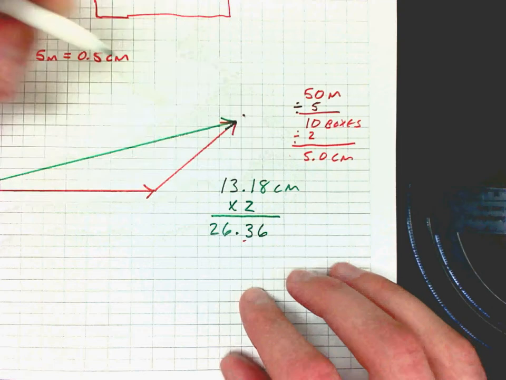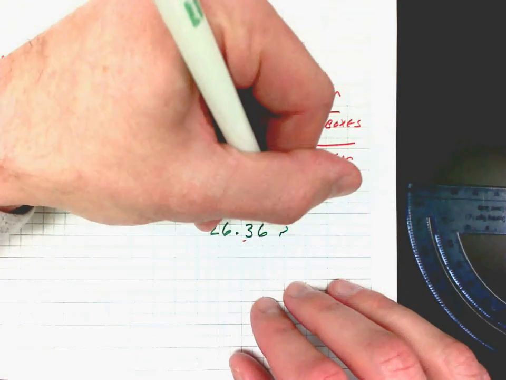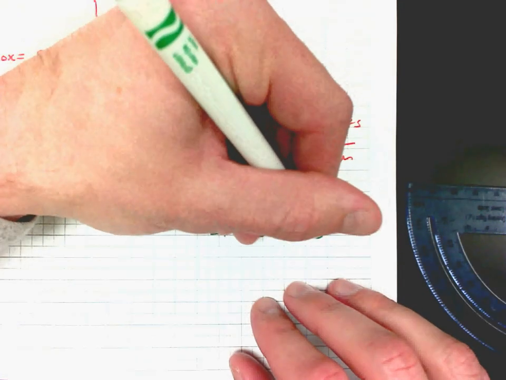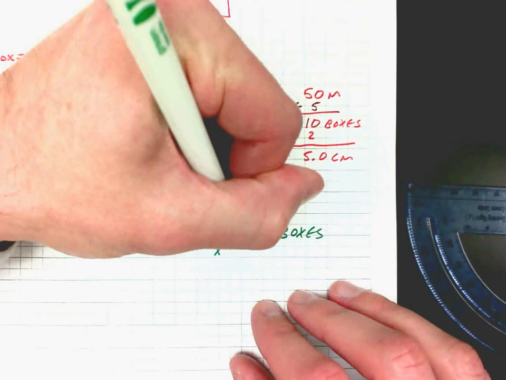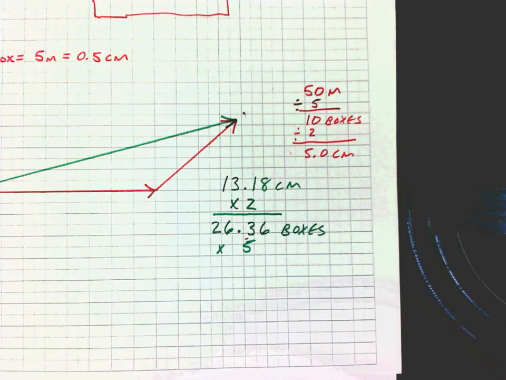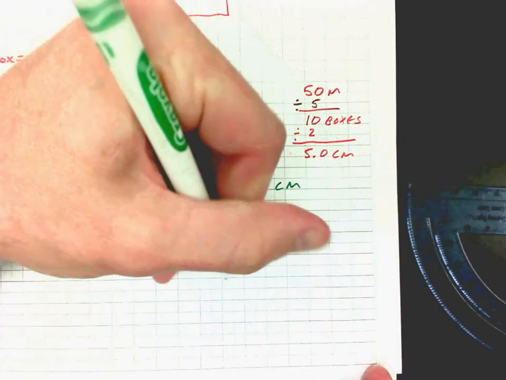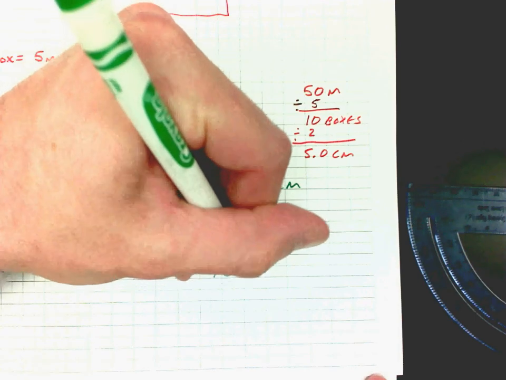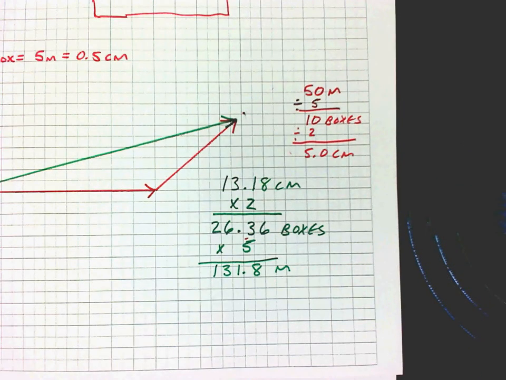We did that right. So that is now in boxes. Each box represents 5 meters in real life. So we're going to have to pull out the calculator for that one. So that line, that total displacement of the roller coaster, 131.8 meters.